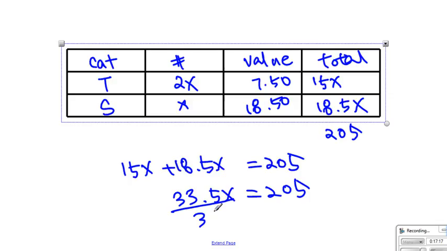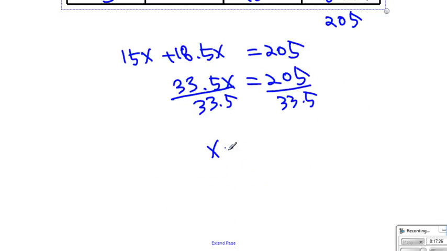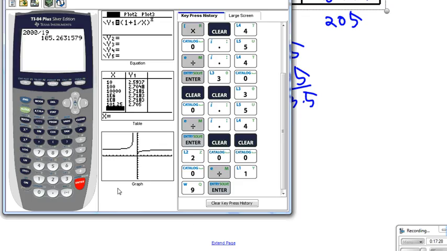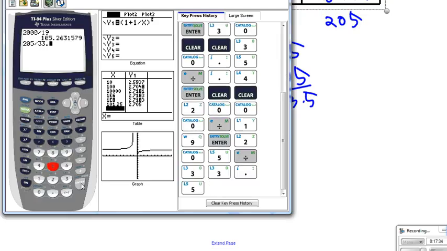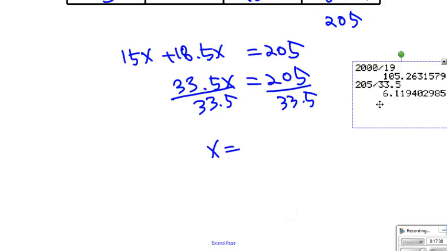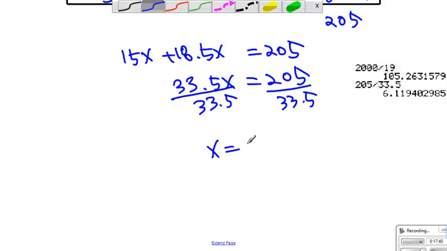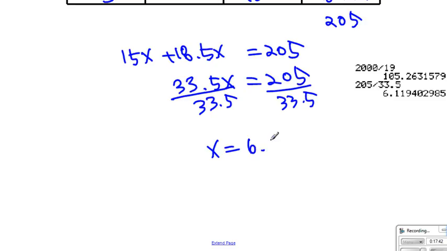And when we divide by 33.5, let's look at it, x has to be, x goes as high as, so 6.